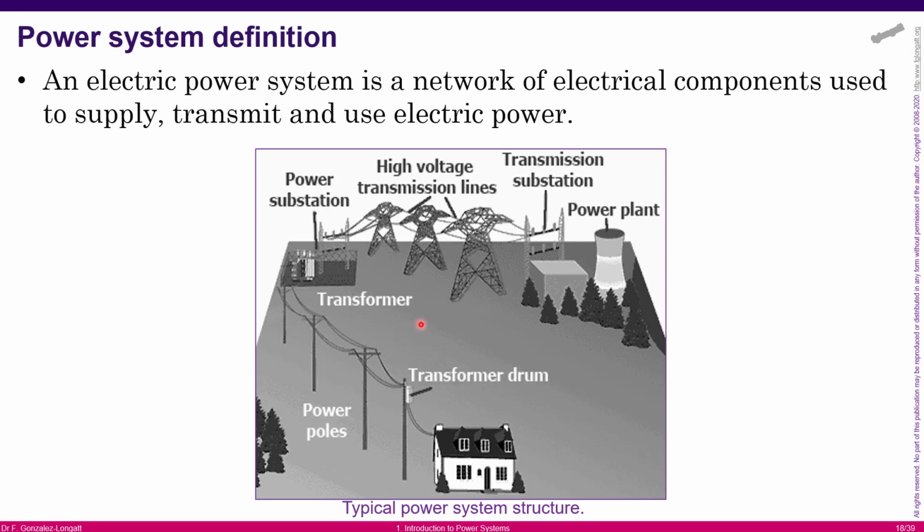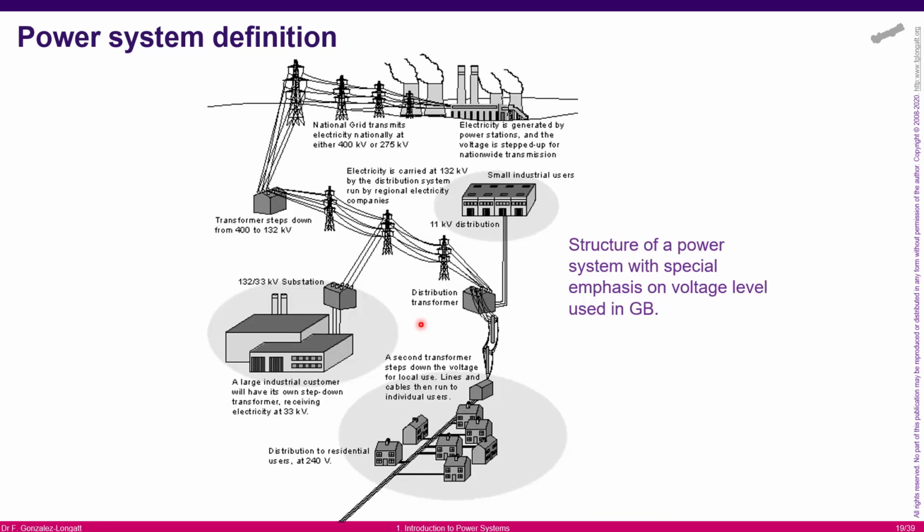What I'm trying to say is that a power system is basically an electrical network where we produce electricity and supply that electricity to the customers, using an infrastructure. And that infrastructure is basically the transmission and distribution infrastructure.